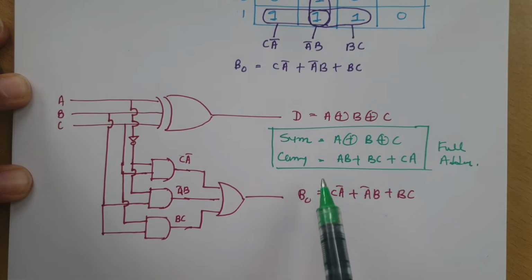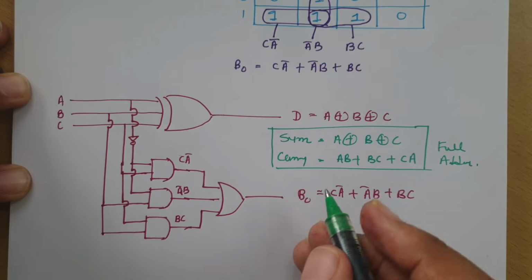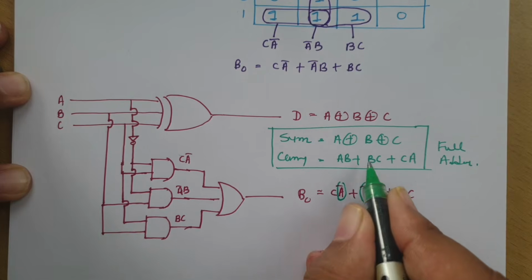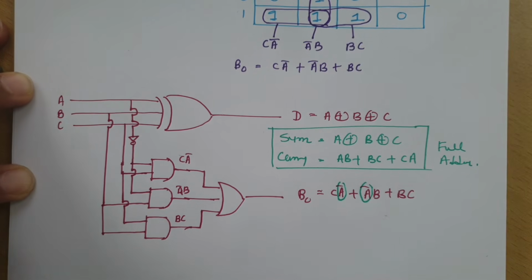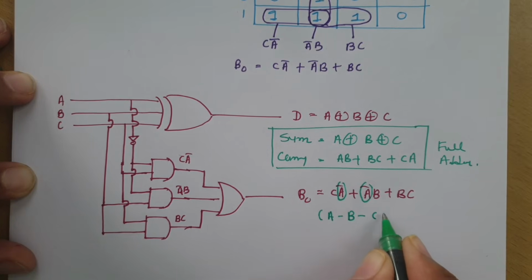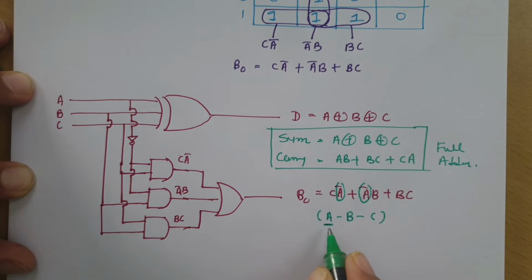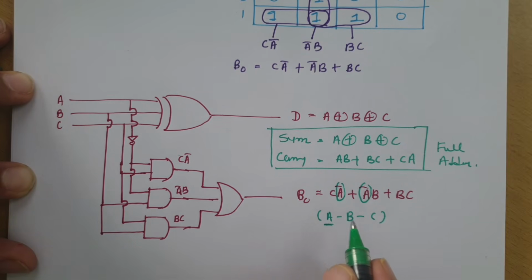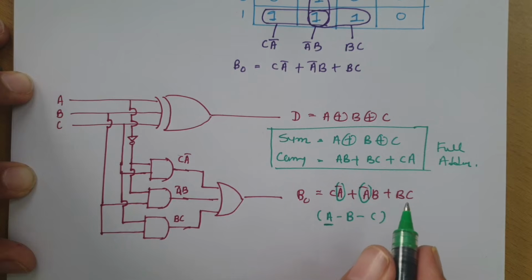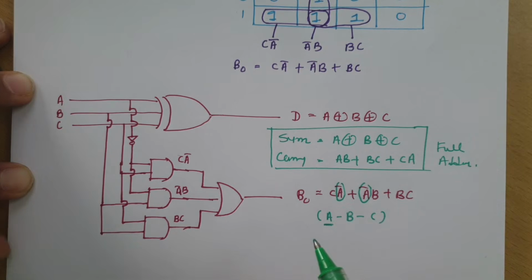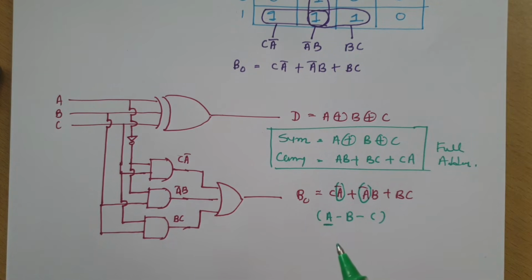But for carry and borrow, in borrow we have A bar as a difference. If we do A minus B minus C, A bar is there. If you have done B minus A minus C, there would be B bar, which we need to replace in the carry to have borrow. So that is how it is there.